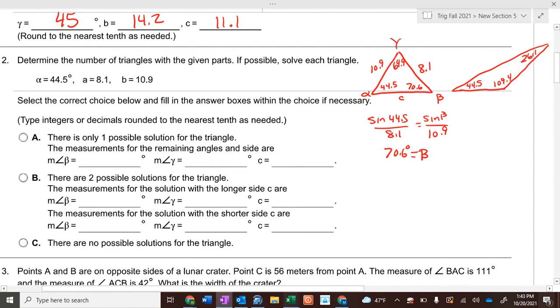Okay. So all we have left to do in this first triangle is find what C is. So we take the sine of 44.5 over the 8.1 equals the sine of 64.9 over C. If you cross multiply and solve, figure out C. C equals 10.5.